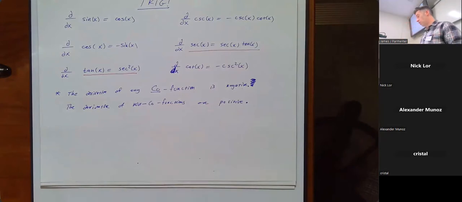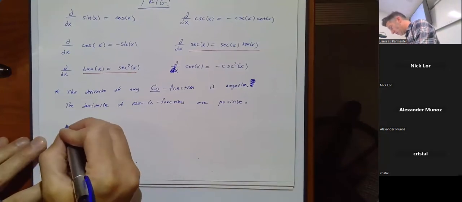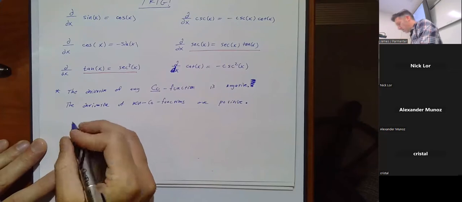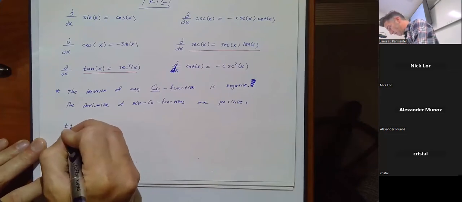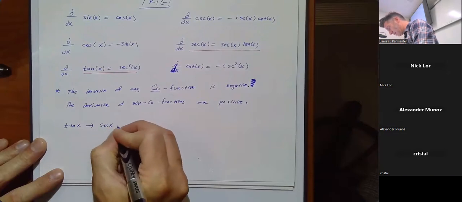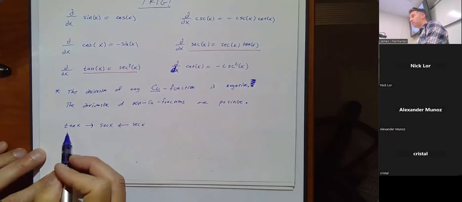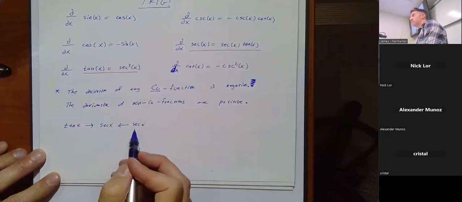The other thing a student showed me one time really helped them when they were taking a test. They would write this down really quick on the front of the test before they took the test. They would write down tangent of x, right arrow, secant of x, left arrow, secant of x. So the derivative of tangent is secant times secant, secant squared.